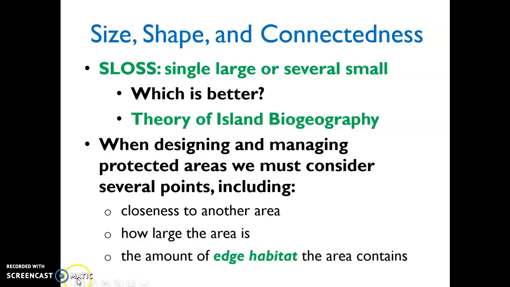So let's go back a step. You may recall from lab and from other lectures about edge habitat. So edge habitats are typically higher in biodiversity, and it's an area where two different ecosystems that are dramatically different meet. So you might have a grass field and a forest, and in between the large grass field and the large forest is a very small area, not nearly as deep as the other two.